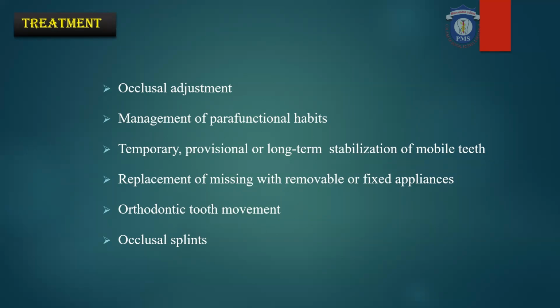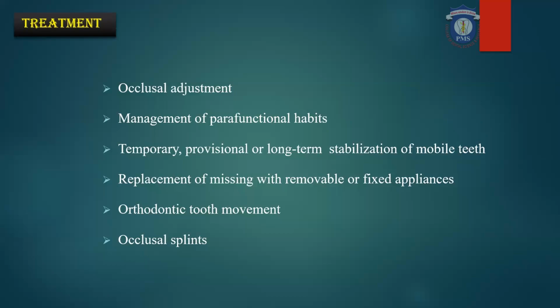These are the important contents we have to read from this topic, trauma from occlusion. Mainly, what is the definition of trauma from occlusion? How can we classify it? Mainly Glickman's classification: based on it, acute and chronic trauma from occlusion, and primary and secondary trauma from occlusion.